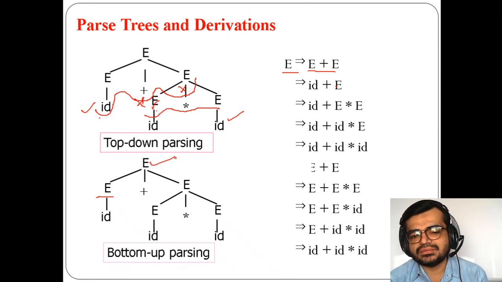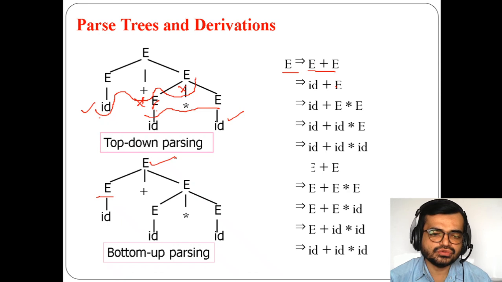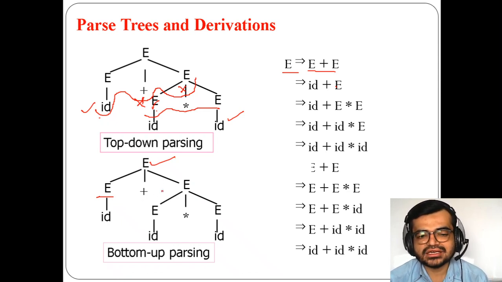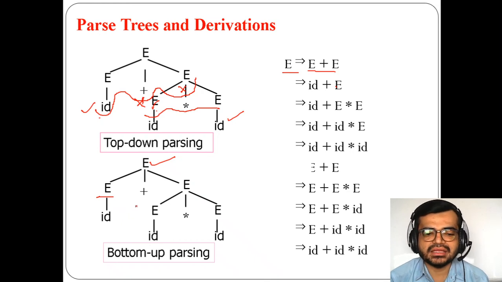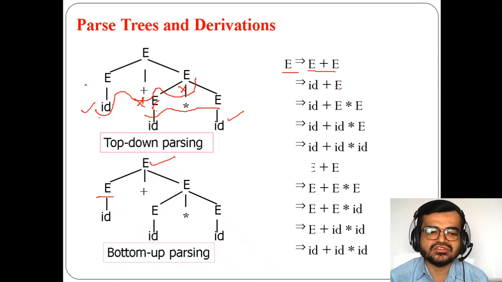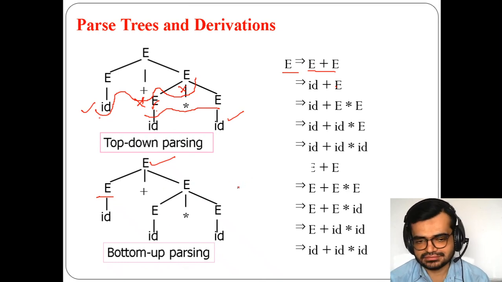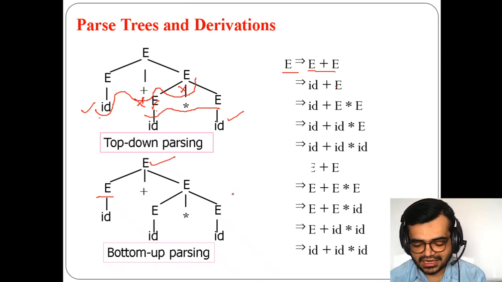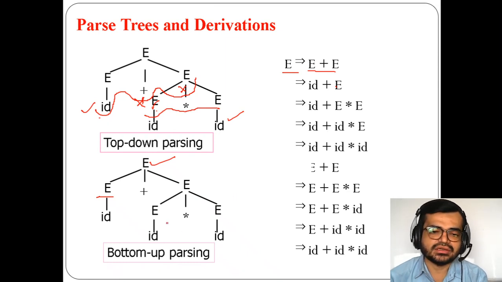So one thing you can observe in bottom up parsing is that if you go from the top side, how the values are coming, the values are coming toward the right side. Okay, toward the right side. That means you can say that this is leftmost derivation, but this is rightmost derivation in reverse order.